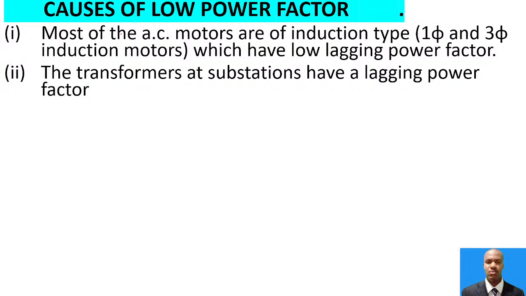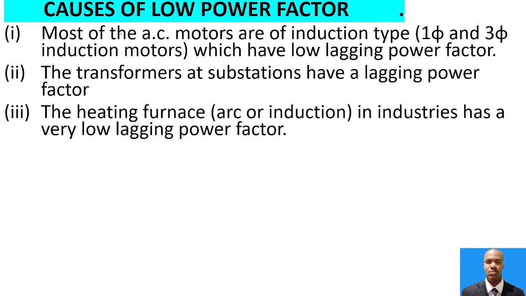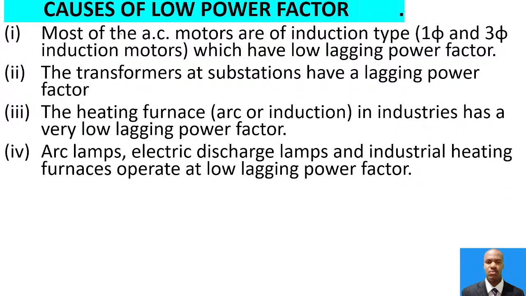Cause number three is the heating furnace, the arc or induction furnace in industries, which has a very low lagging power factor. Then cause number four, we have arc lamps, electric discharge lamps, and industrial heating elements operating at a low lagging power factor.